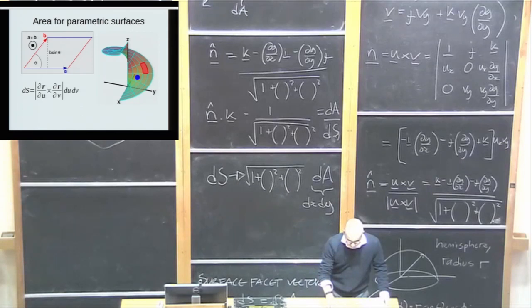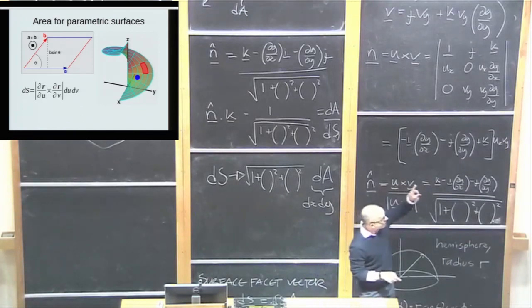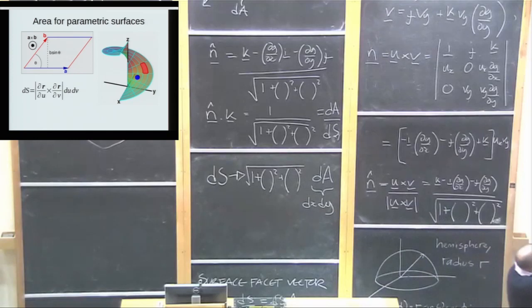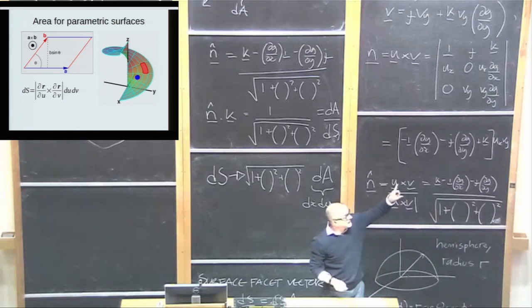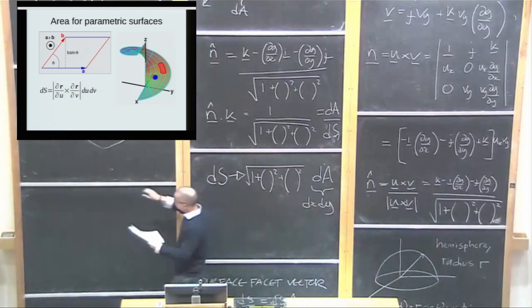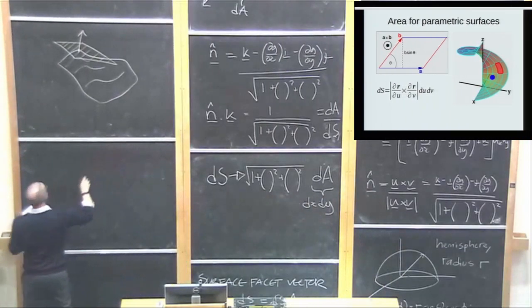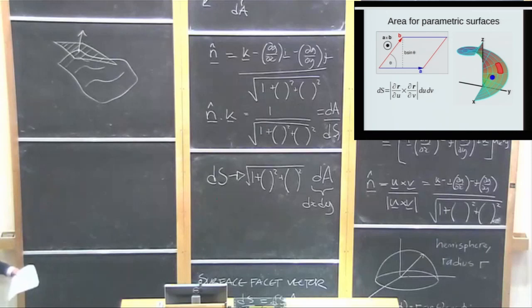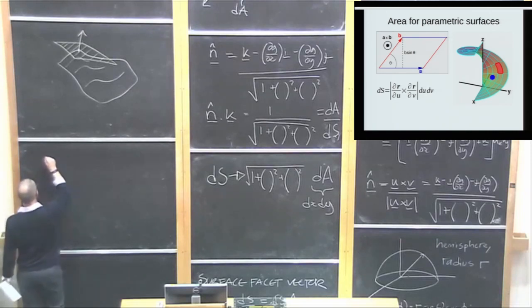We can do the same thing for parametric surfaces. The projection for a parametric surface, where we're evaluating it in the surface, is simply given by this expression here, and this expression is equivalent to the Jacobian. Okay, so let me just quickly go through how this simplification occurs, and then we'll see this in action in the lecture tomorrow.